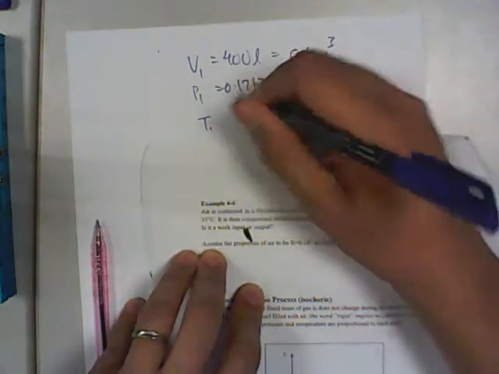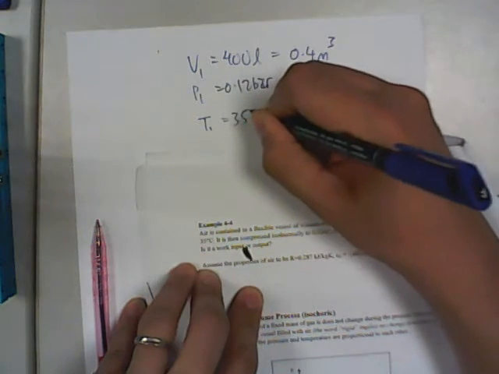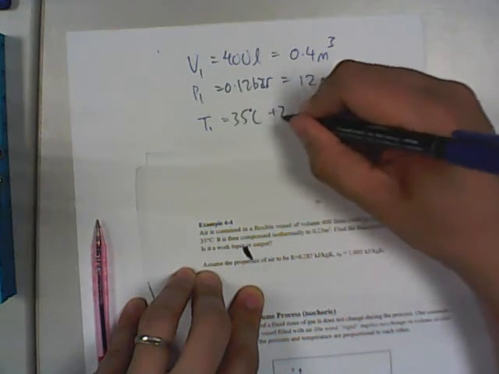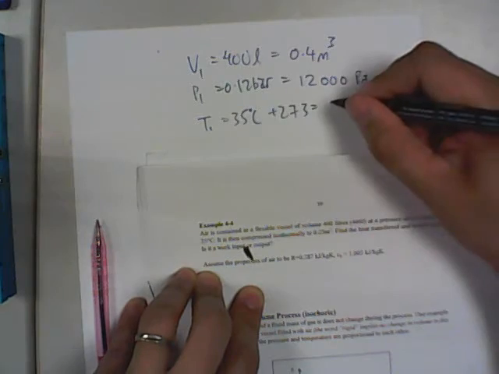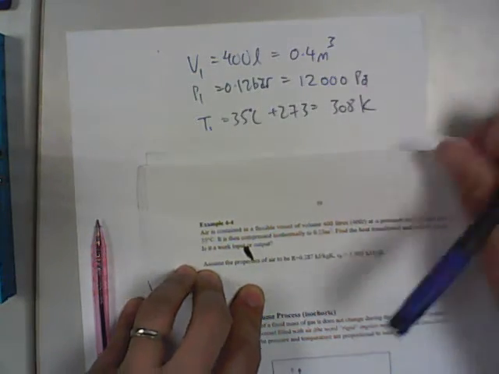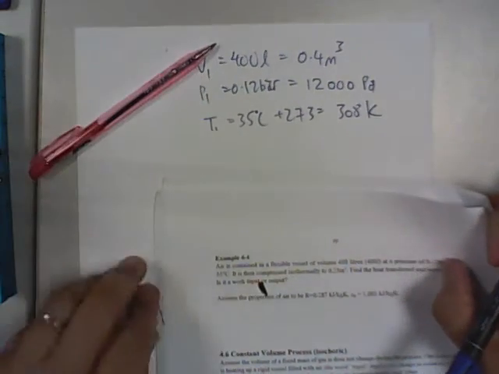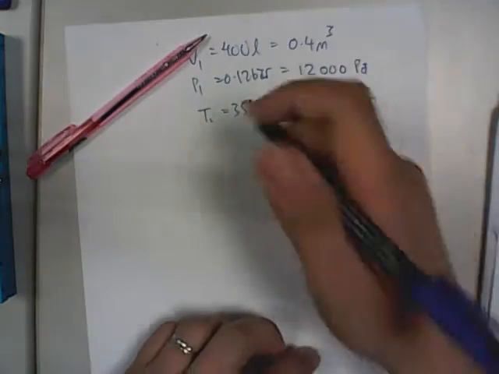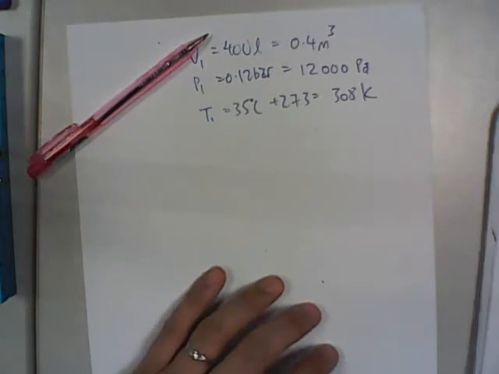And T1 is 35 degrees Celsius, plus 273 is 308 Kelvin.